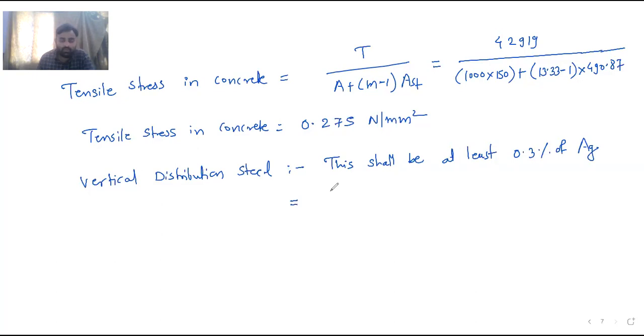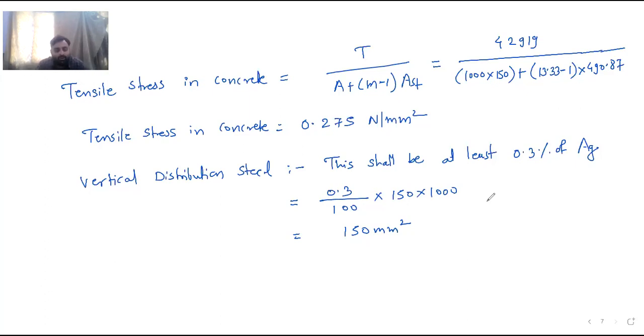So which is equal to 0.3 divided by 100 into 150 into 1000. So solving it, you will get it as 450 mm square. Okay, so it is very less.